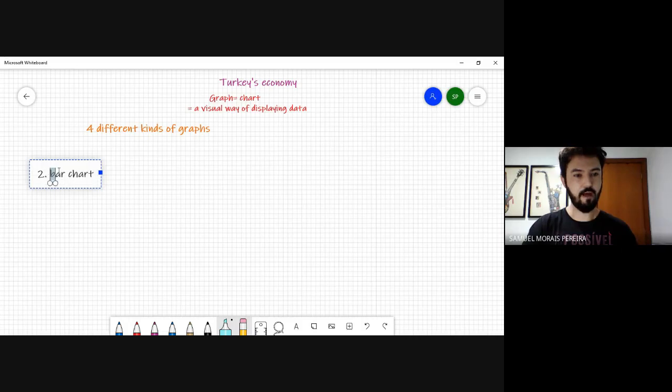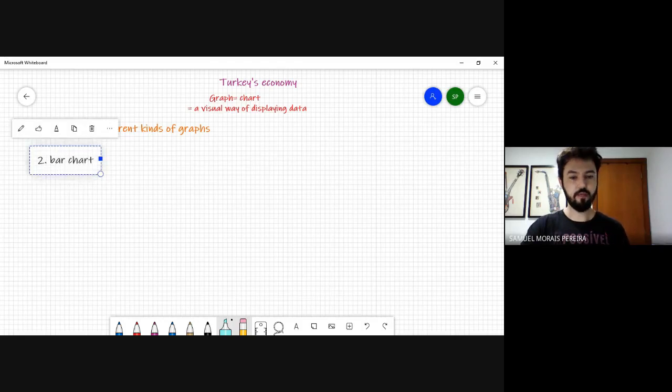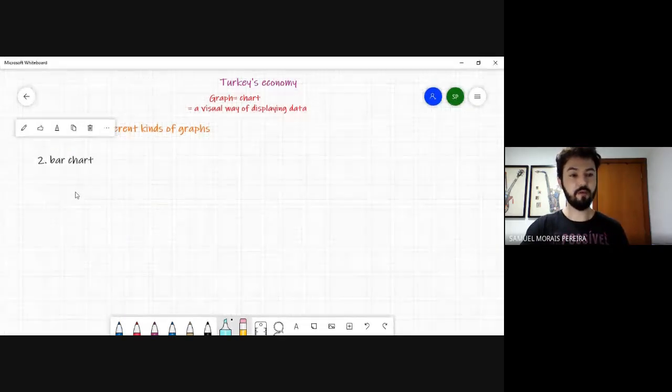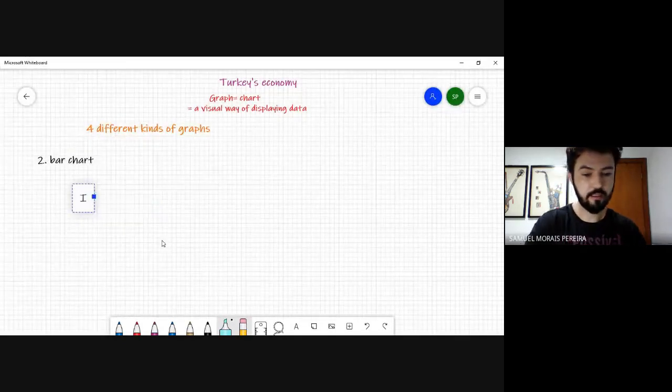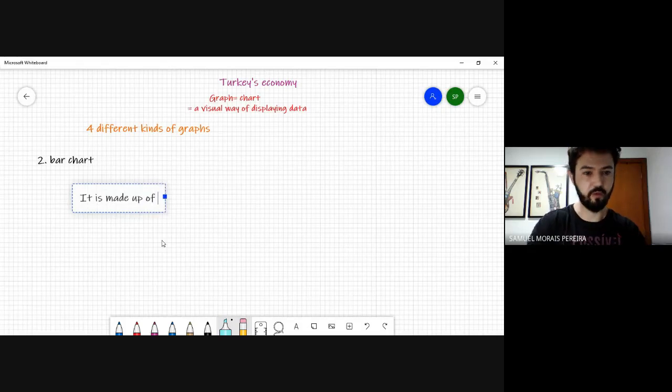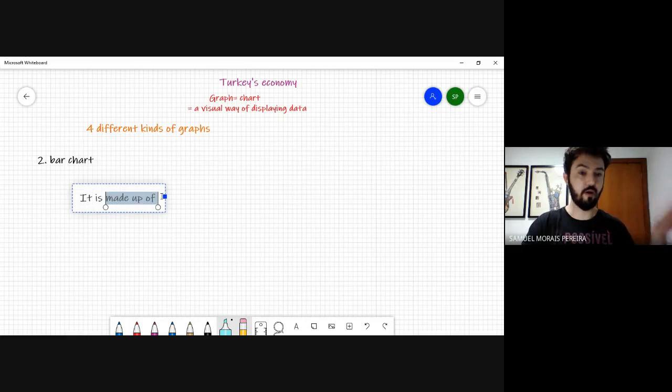What is a bar? Bar é uma coluna, okay? So you will notice that the bar chart has this name because it's made up of bars. Remember this expression here? I used this expression in our other class. Eu estava falando assim, uma fração is made up of two parts. Uma fração é made up of two parts, é composta por duas partes. Então, ó, it is made up of bars.